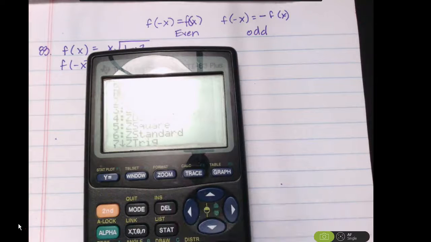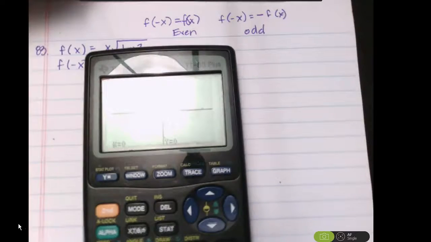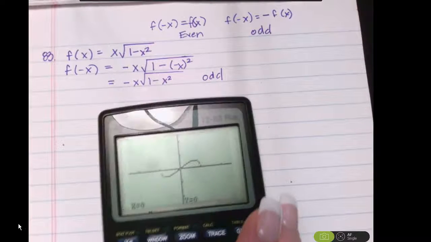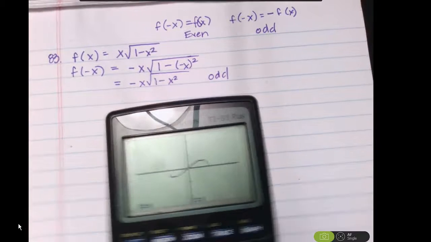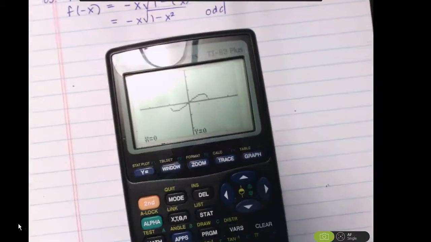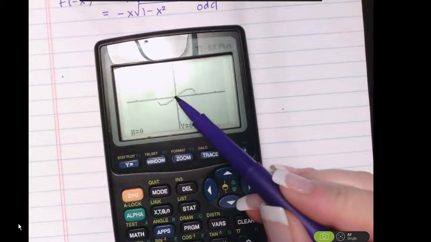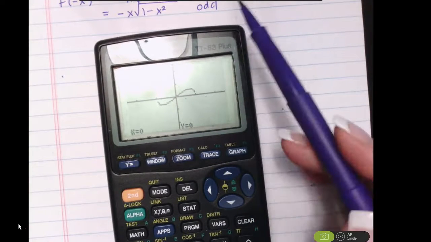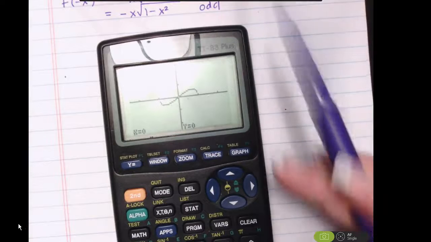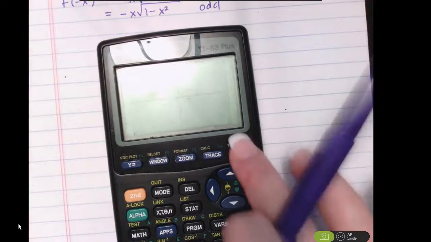Let me zoom in and see if that's any better. Okay, the lighting in there, you can see the reflection of my lamp. But you can see that it is symmetrical about the origin. So I think I was right in saying that it was odd, but now let's take a look at the table.